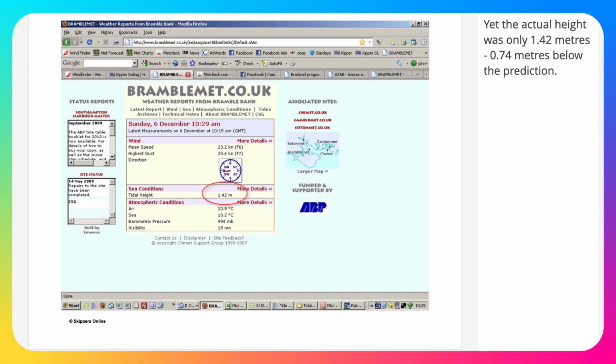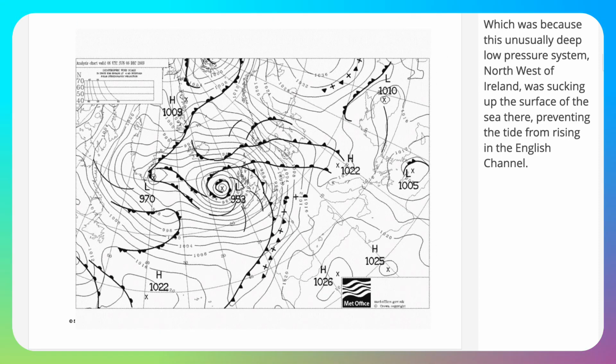Yet the actual height was only 1.42 metres, 0.74 metres below the prediction. Which was because this unusually deep low-pressure system, northwest of Ireland, was sucking up the surface of the sea there, preventing the tide from rising in the English Channel.